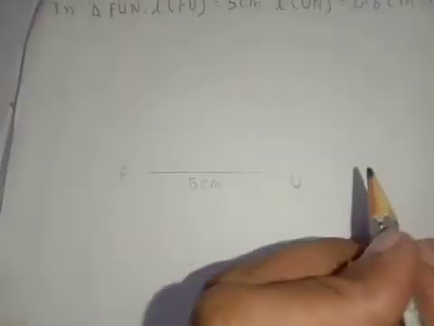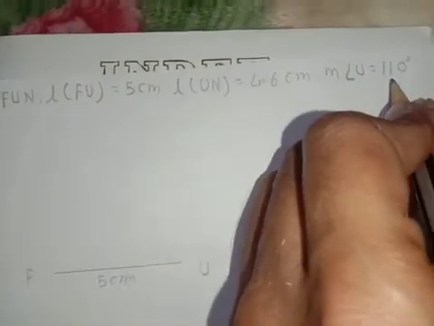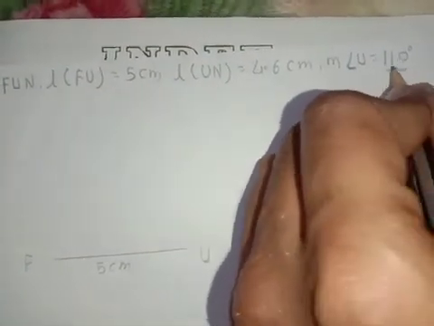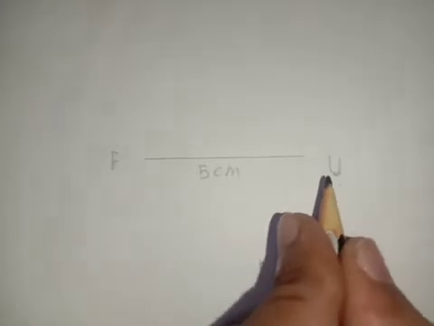Let's measure angle U, 110 degrees. So where is the angle? This is the U point.